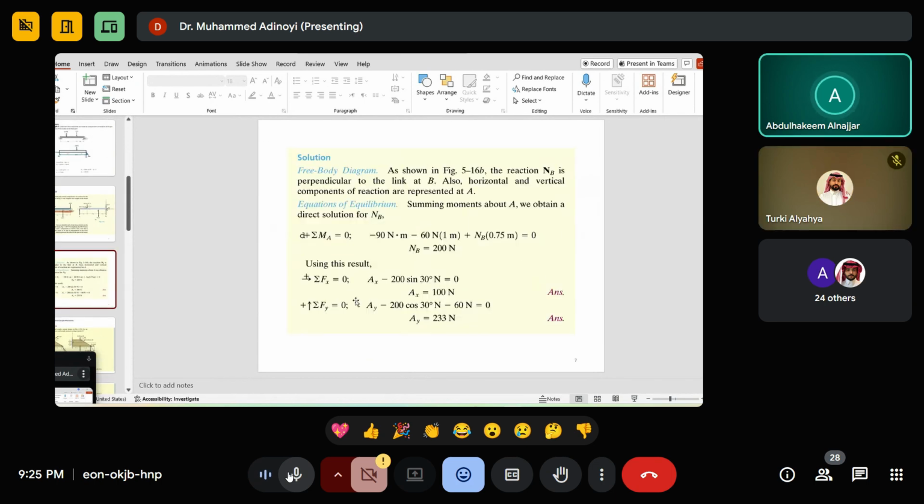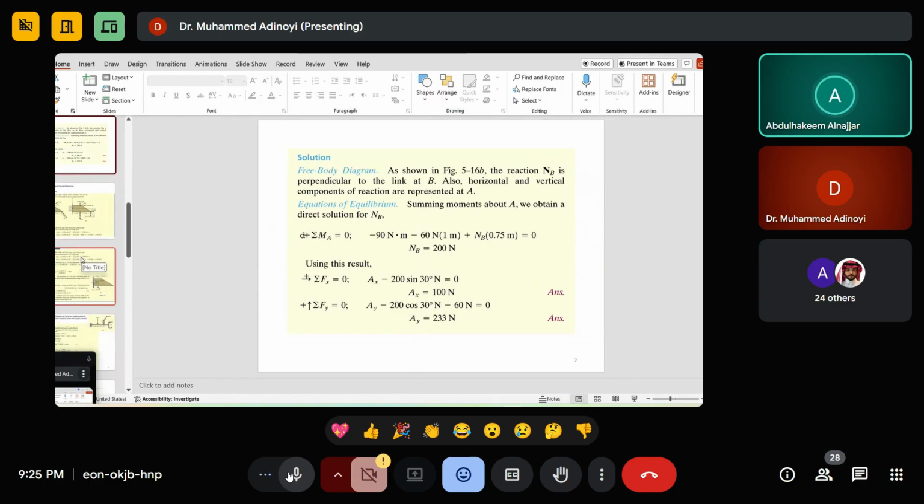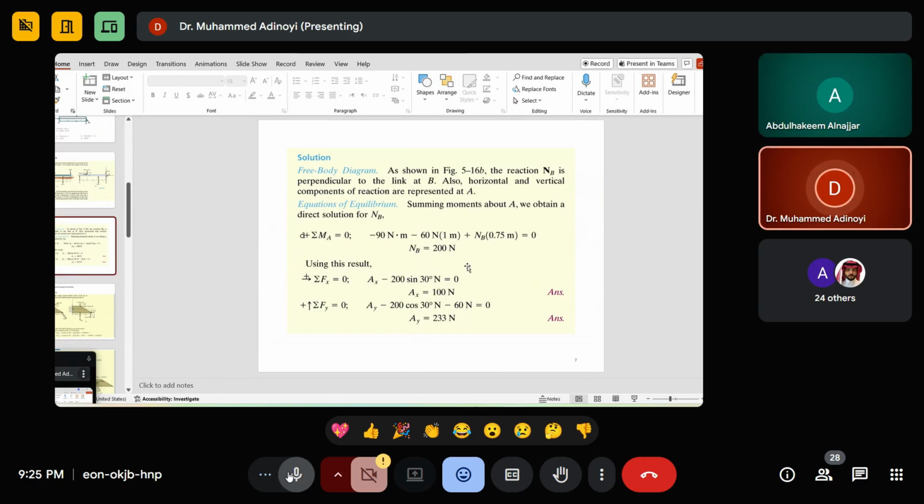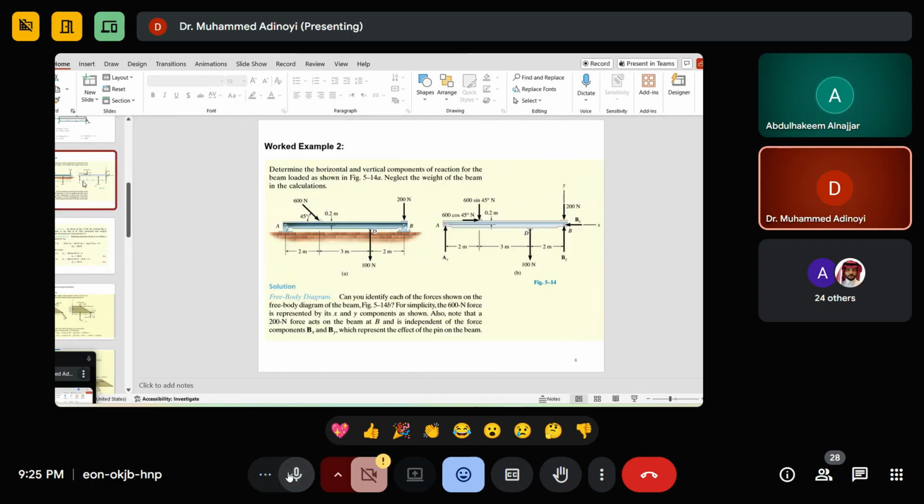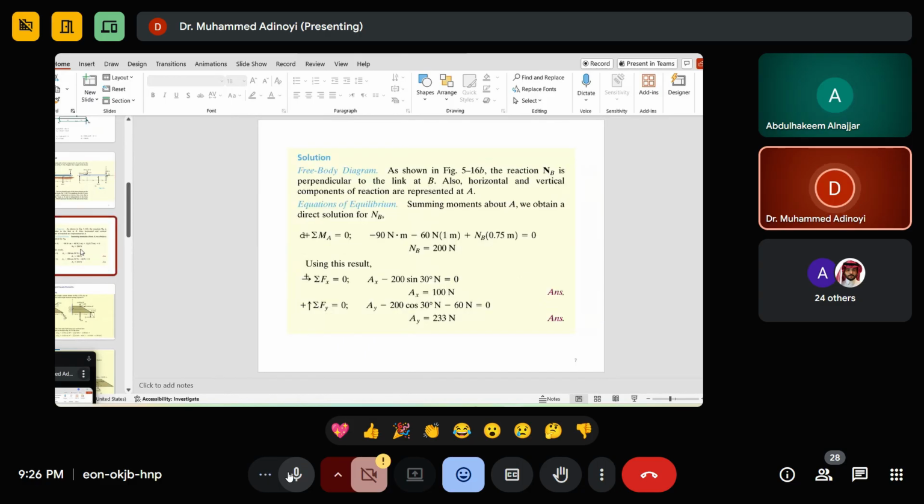So how did I? The figure here, let me see. Okay, 54, right? And this one is showing another question.